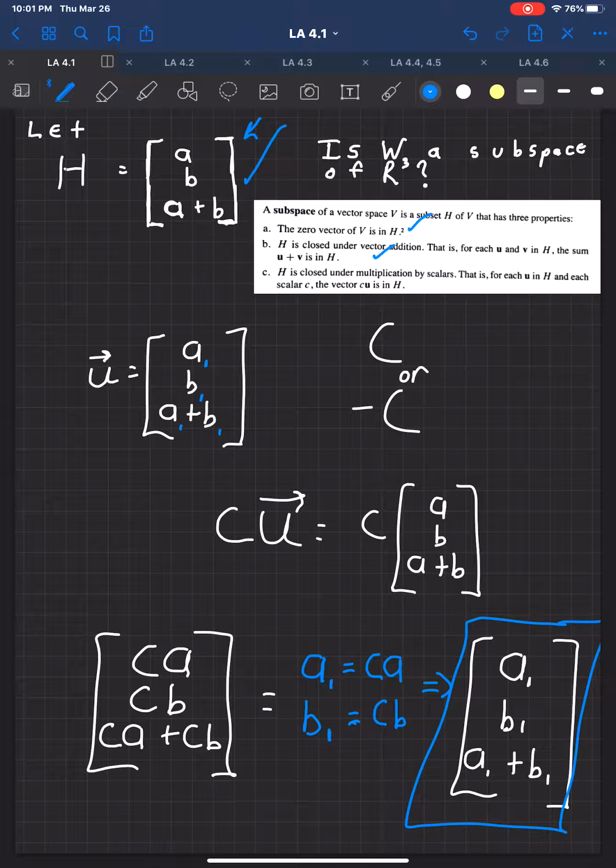I hope this was clear enough for you to see that a subscript 1 is just some value of a, and it can take on any value. H can take any value of a. In that case, we have met the third requirement to say that it's closed under multiplication by scalars. So what is it? It is a subspace of R3.